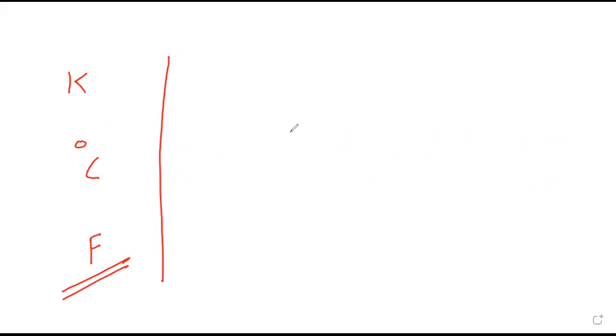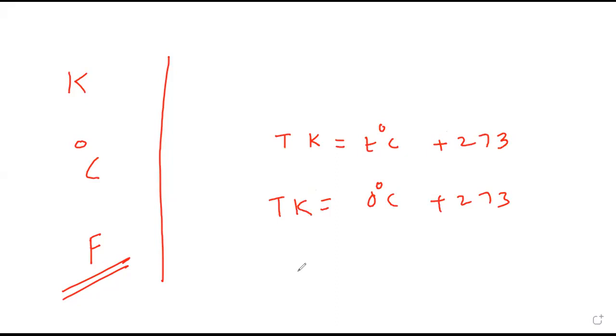100, 101, 102. T Kelvin is always T degrees Celsius plus 273. That means 0 degrees Celsius plus 273 becomes T Kelvin. So if it is 0 Kelvin, then minus 273 is 0 degrees Celsius.